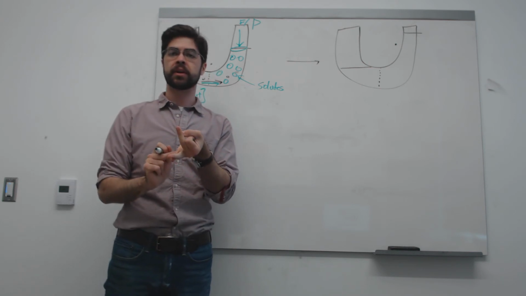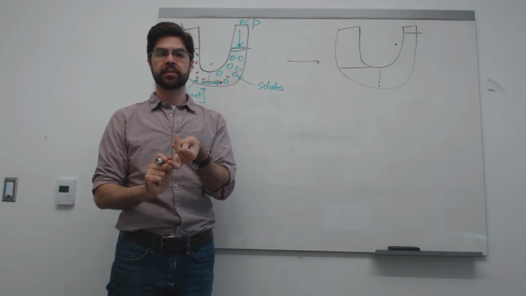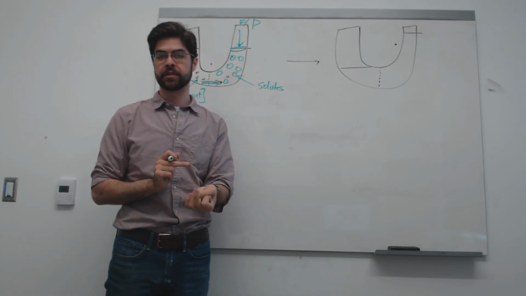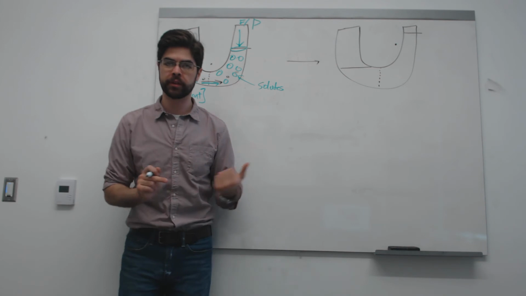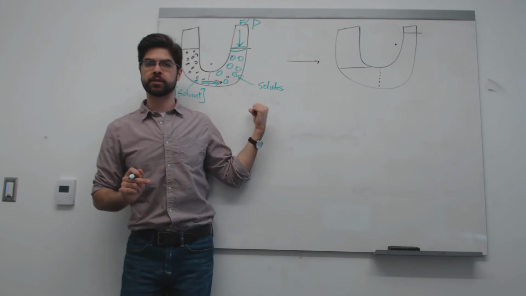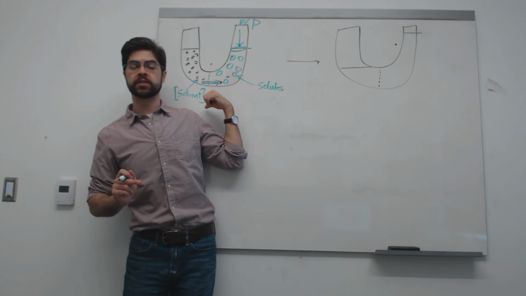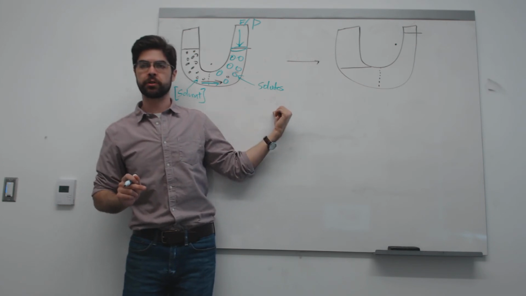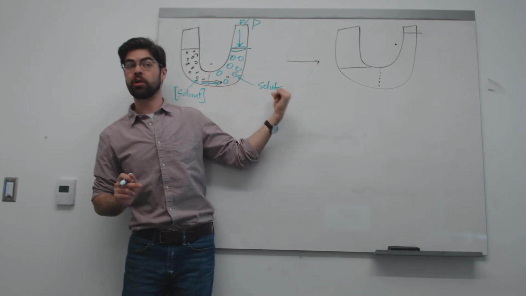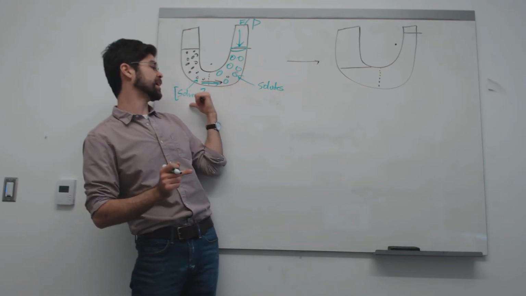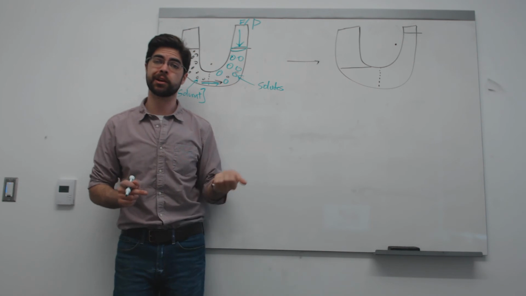A colligative property is one which only depends on the concentration of the solute and not the identity of the solute. So to be more formally correct, osmosis and osmotic pressure depend upon concentration differences for the solvent, and it doesn't matter what the solutes are, it just matters that there are solutes, and as a result of the presence of solutes, the concentration of the solvent is lower.